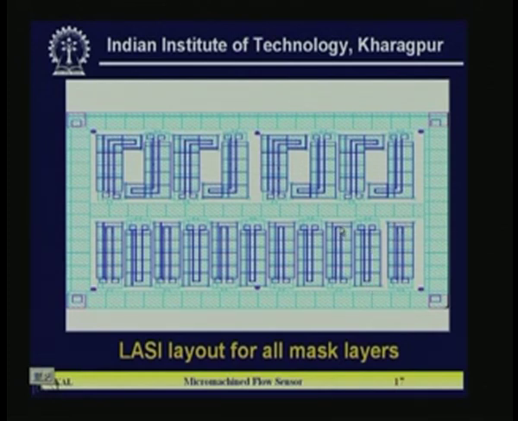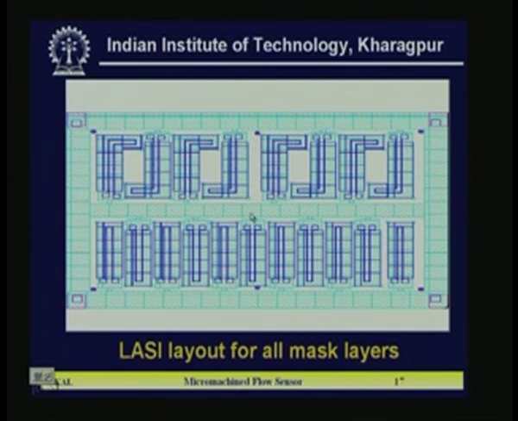From the bottom side the membrane is etched, and this white gap between one sensor and the other is kept basically for breaking the samples apart, which is easy if those portions are etched from the top as well as from the bottom.